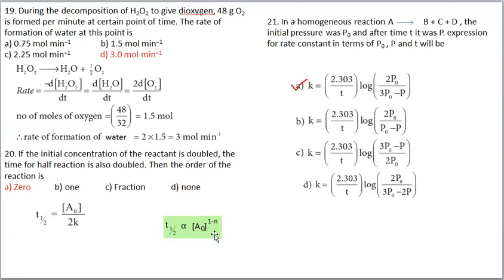So the order of the reaction is 0. Then, in a homogeneous reaction, A gives B plus C plus D, the initial pressure was P0 and after time T it was P. The expression for the rate constant in terms of P0, P and T will be.